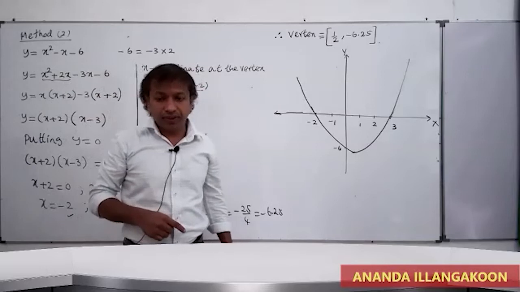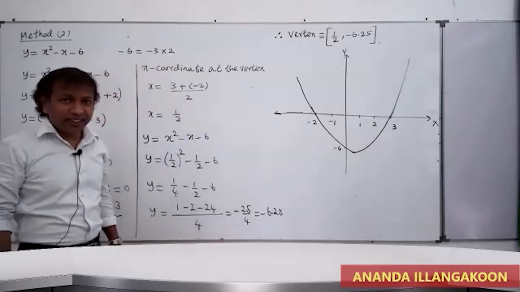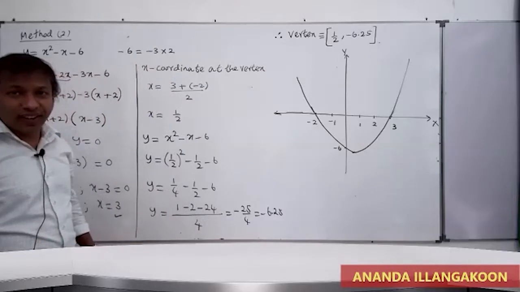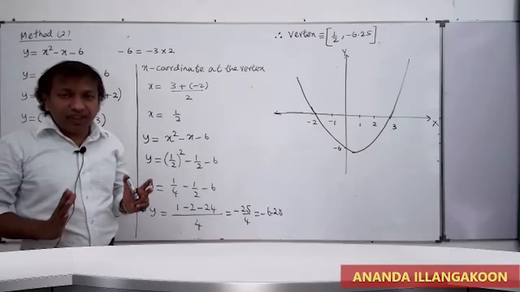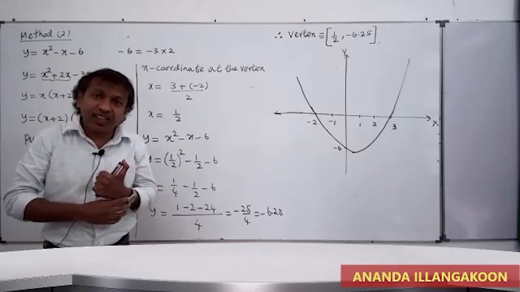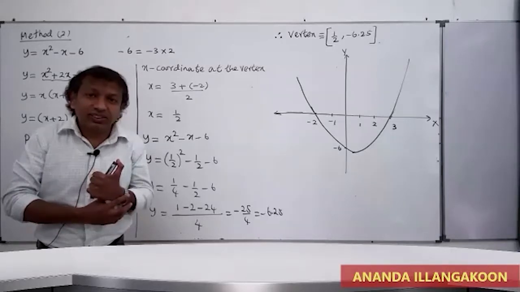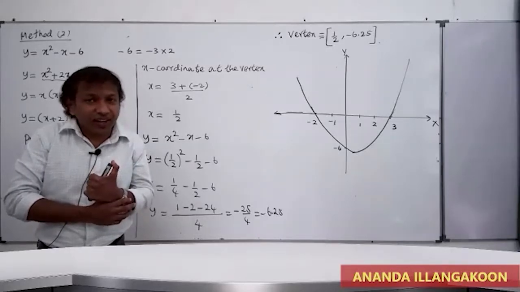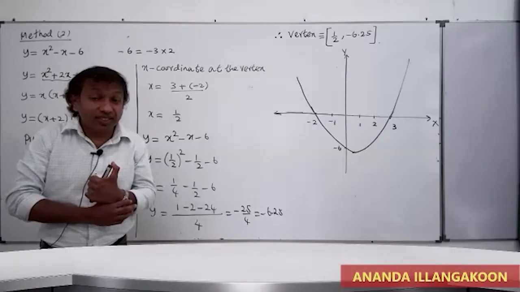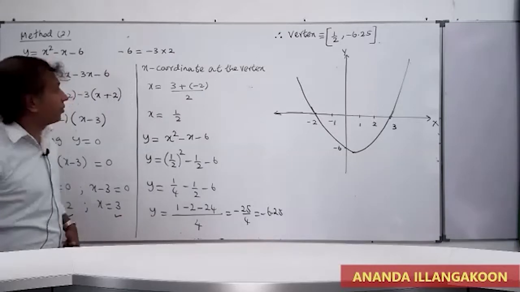Thereafter, we can go to the third method, which is much easier than this. Then we have an idea how to draw a rough sketch. As I told at the beginning of the seminar, within 30 seconds you can draw the graph. That you can verify after discussing the third method.